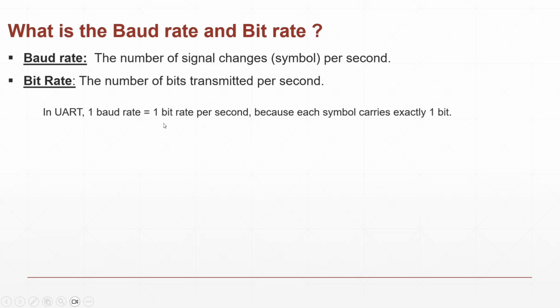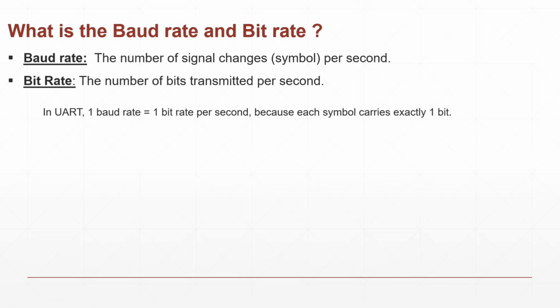Why is this happening? Because each symbol carries one bit, so one symbol per second or one bit per second, both are the same.